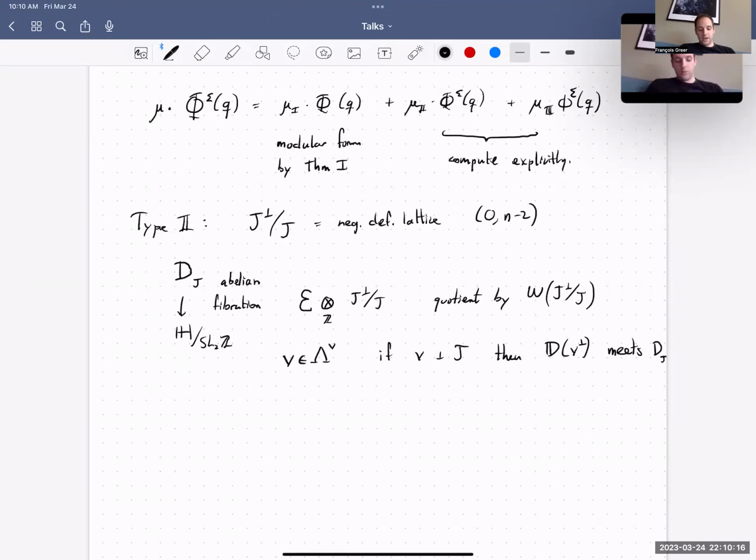And it will meet it in just a hypertorus. So it will meet it in, if I look at the class of V in J perp mod J, perp inside of this torus DJ.